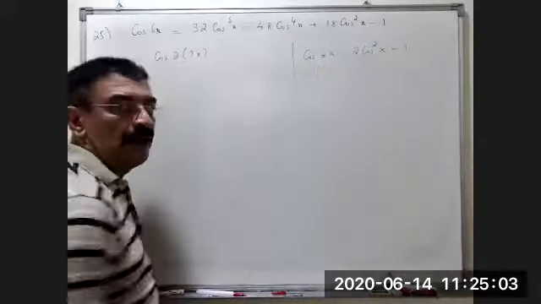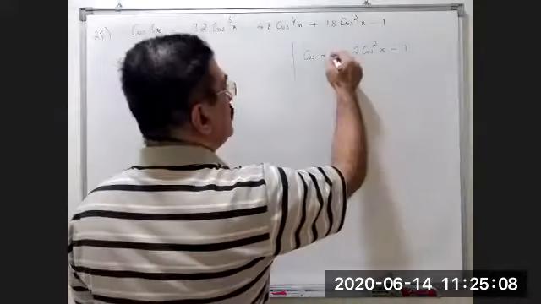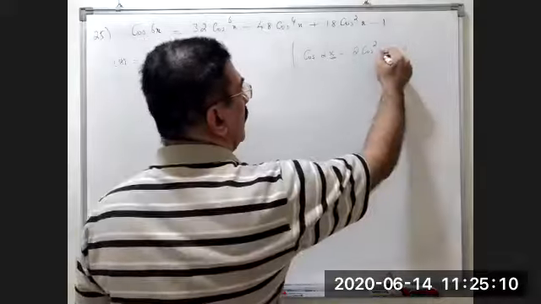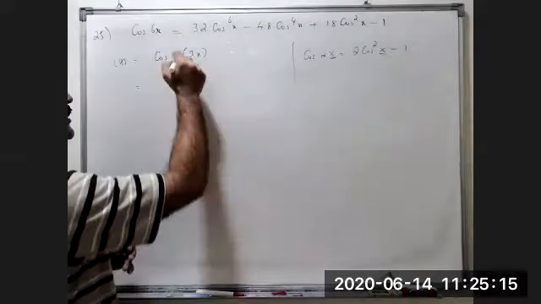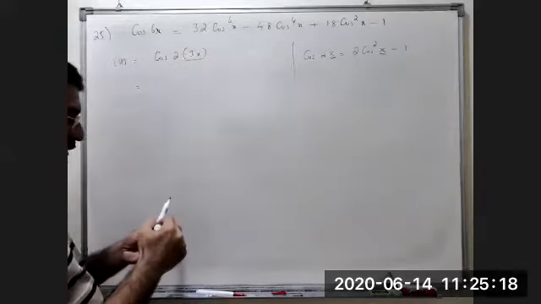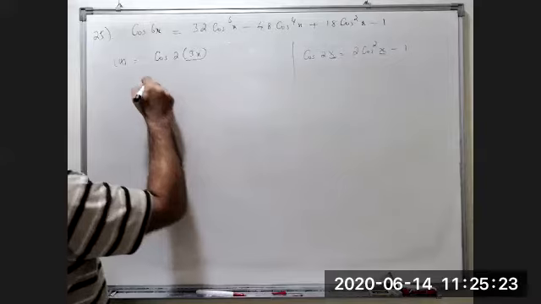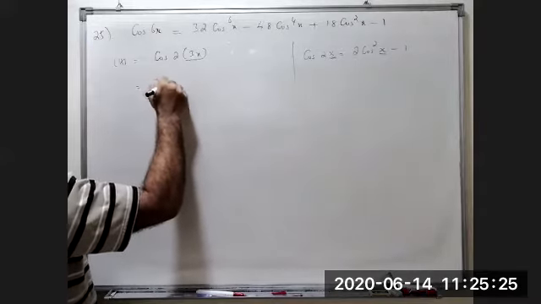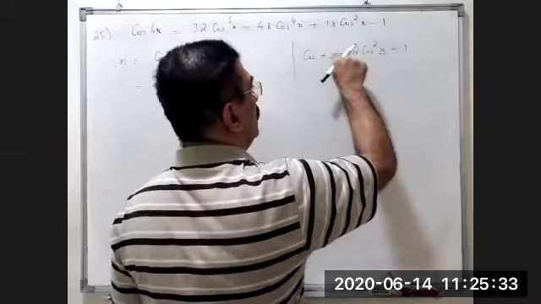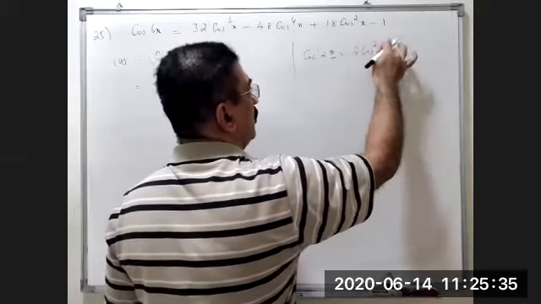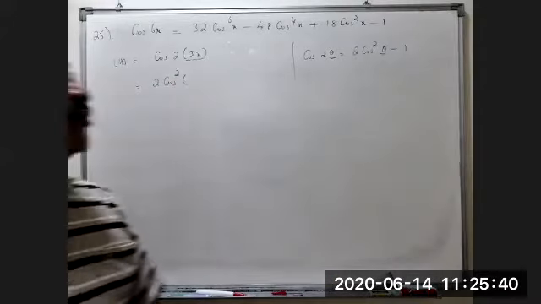Why did I use capital X here? Instead of this X, what is our angle here? Our angle is 3x. So instead of that capital X, we replace it with 3x. Instead of X, if you write theta it is better: cos 2 theta is 2 cos square theta minus 1.